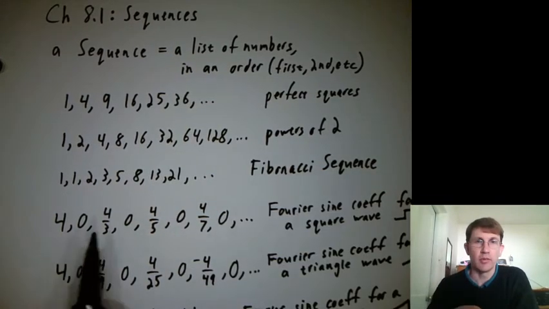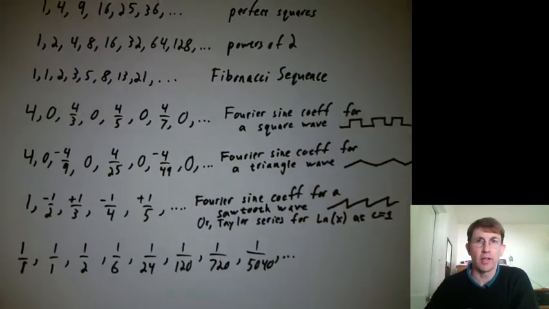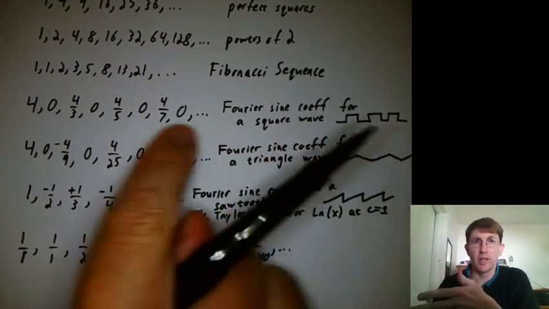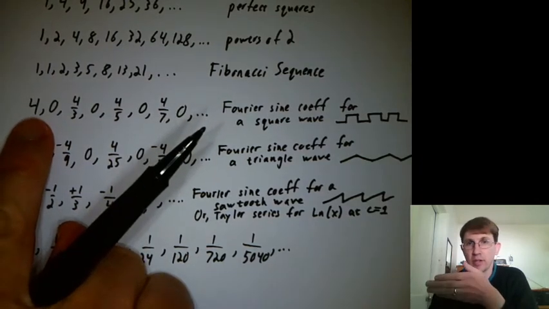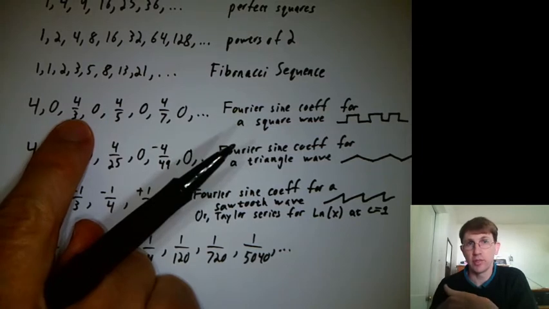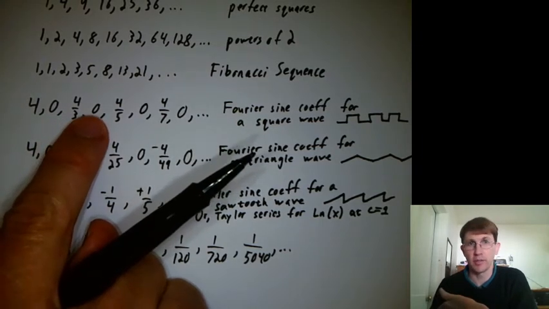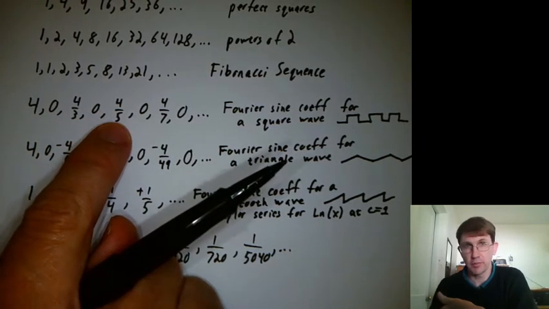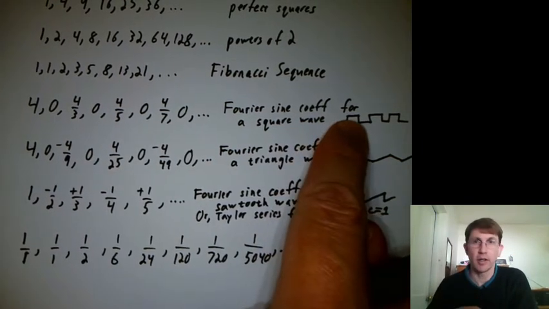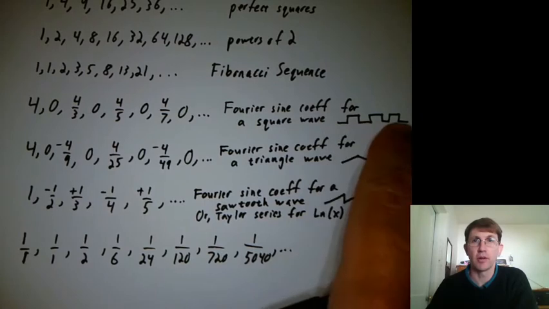Here's a bunch that you probably haven't seen before, and that's okay. If you wanted to write a square wave as a sum of sine waves, you could do 4 times sine 1x plus 0 times sine 2x plus 4/3 times sine 3x plus 0 times sine 4x plus 4/5 times sine 5x, etc. And eventually, after adding up infinitely many terms, you would get a square wave.